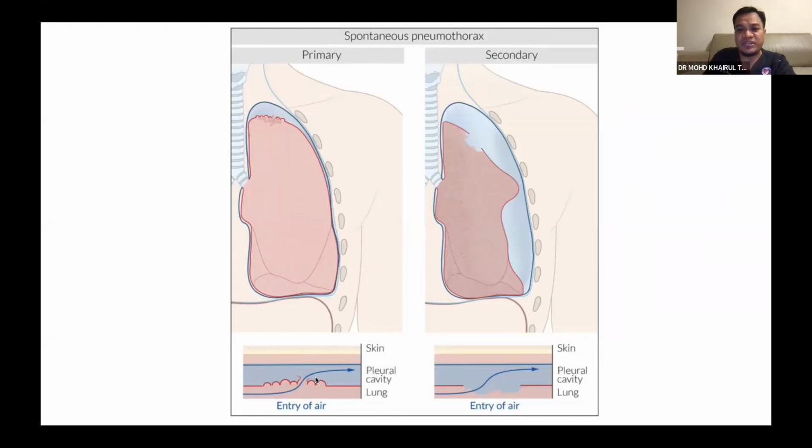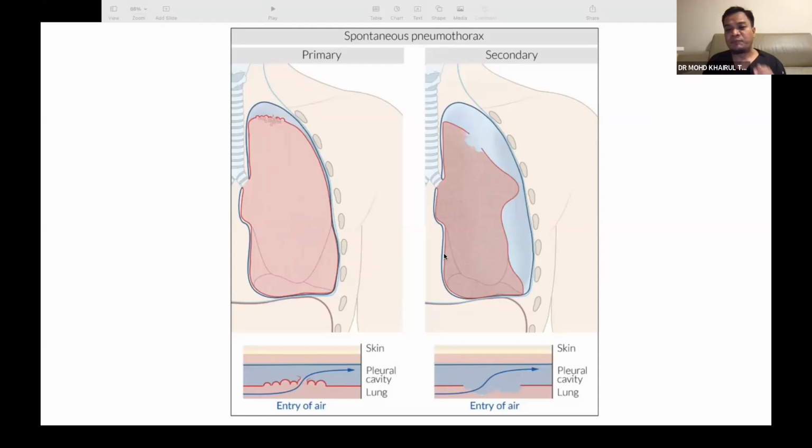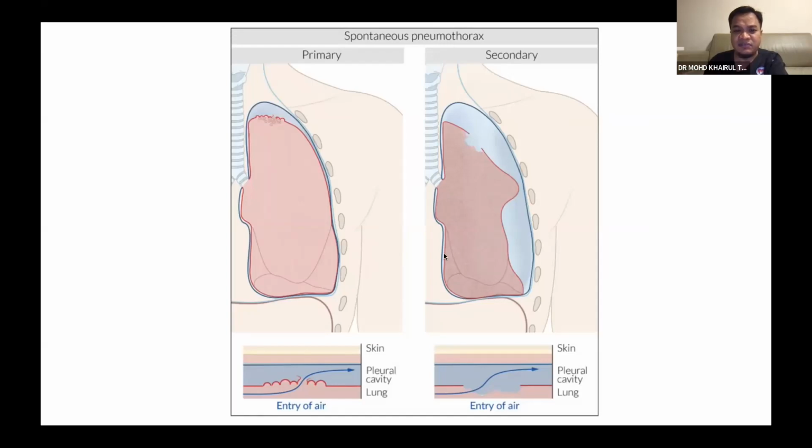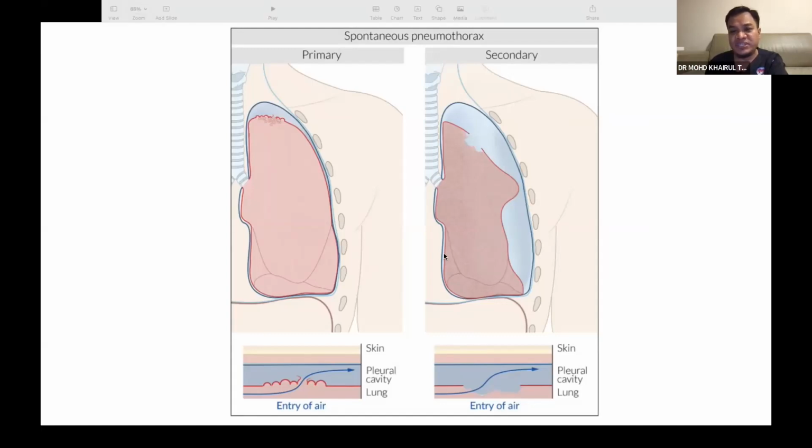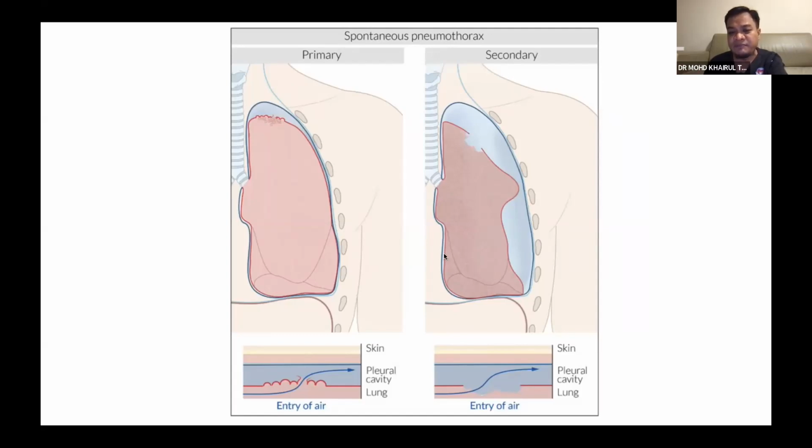For secondary pneumothorax, we know the underlying lung is abnormal, so the pneumothorax may occur as a result of ruptured bullae from the diseased lung itself, or a ruptured cavity. Usually the injury or leakage is much higher than in primary spontaneous pneumothorax, and that's why we expect some delay and also a high degree of air leaking, a high flow of air leaking inside the pleural cavity.